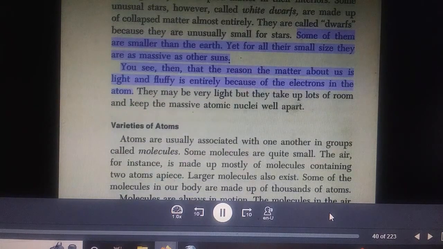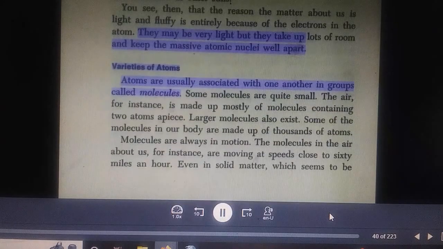Yet for all their small size they are as massive as other suns. You see, then, that the reason the matter about us is light and fluffy is entirely because of the electrons in the atom. They may be very light but they take up lots of room and keep the massive atomic nuclei well apart. Varieties of atoms are usually associated with one another in groups called molecules.